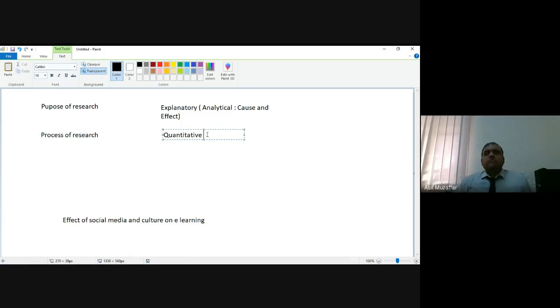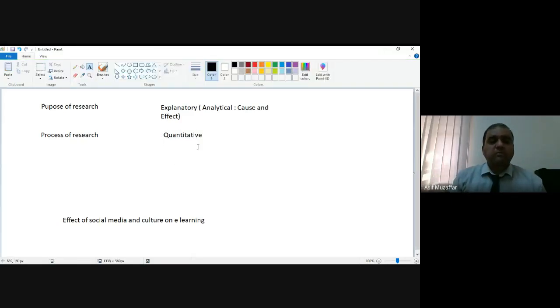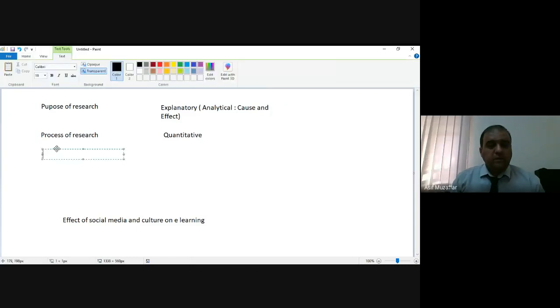That means you may use some questionnaire or survey to get numbers. I told you numbers can be in the form of like Likert scale, 1, 2, 3, 4, 5. We will talk about it later, but you must know when there is an explanatory research, the process of research is always quantitative. Then the third one was the outcome of research.